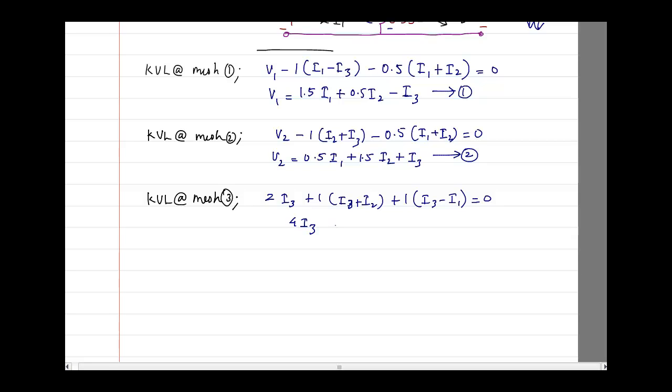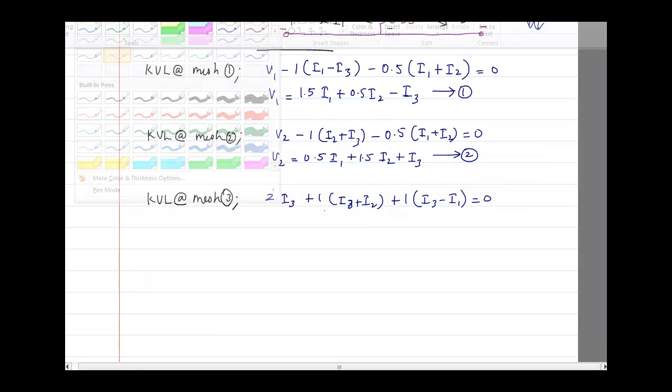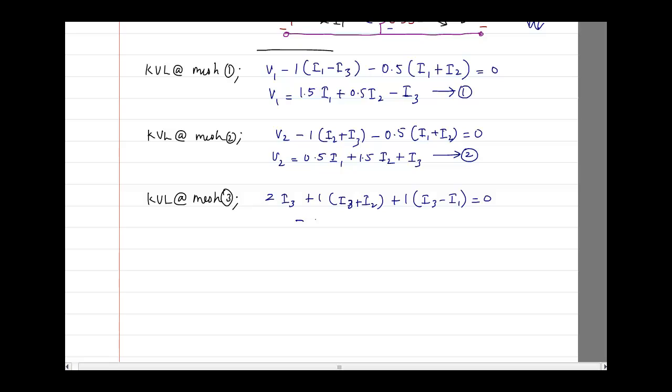First let me write I1, so minus I1, I2 I am having only one, so plus I2, plus 4 I3 is equal to 0. Okay, so this is my third one.